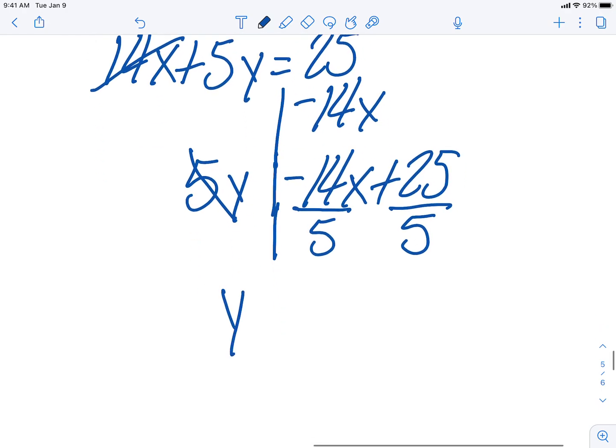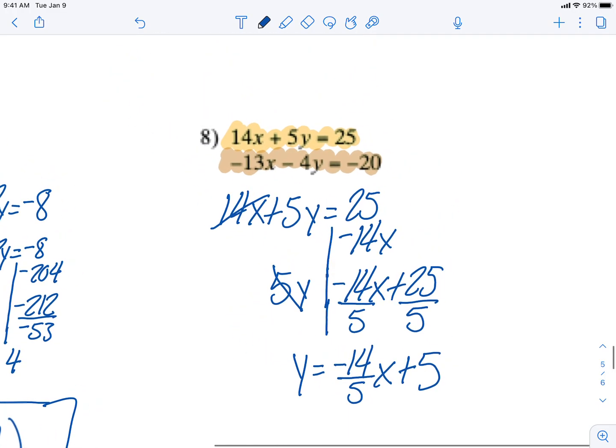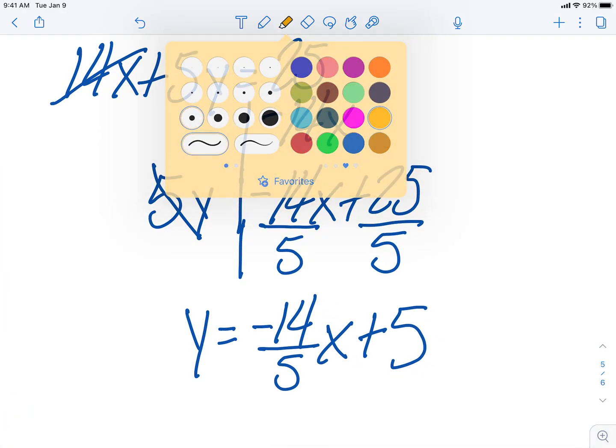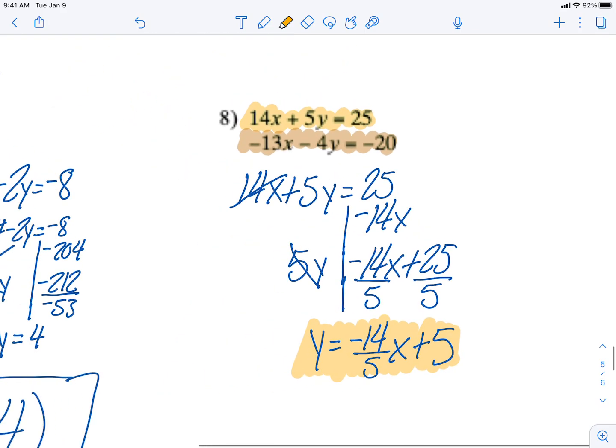So I get y is equal to, I can't divide 14 and 5, so I'm going to leave it as a fraction. Negative 14 over 5x plus 25 divided by 5 is 5. So that right there, kiddos, is my new yellow or orange, right? It looks like orange on the screen over here.